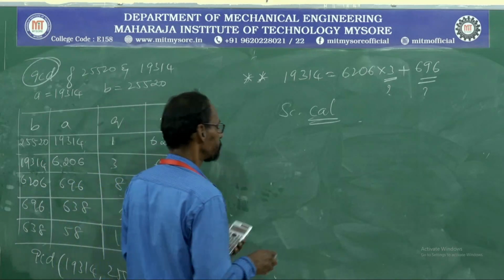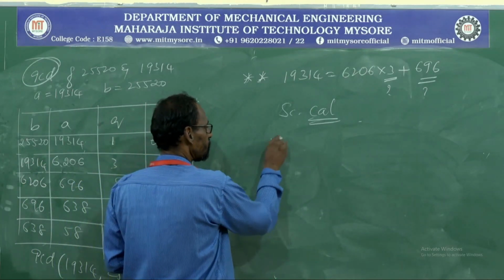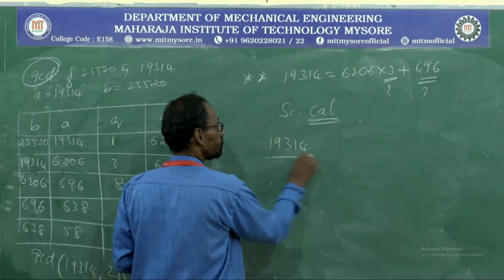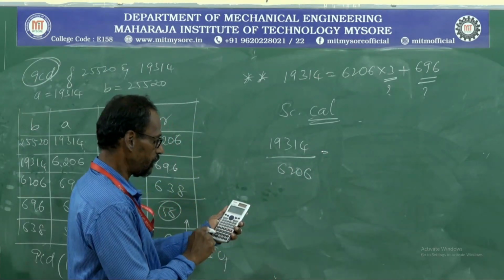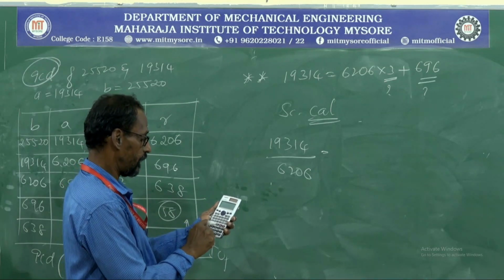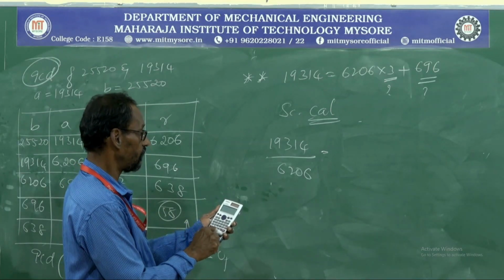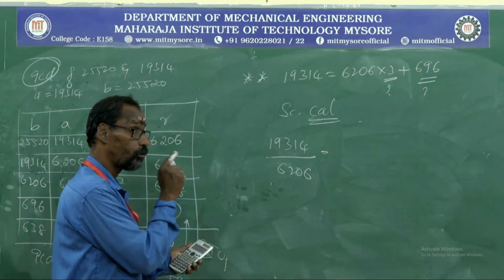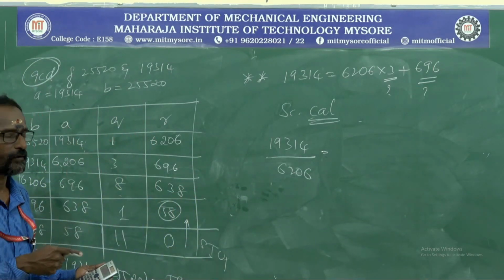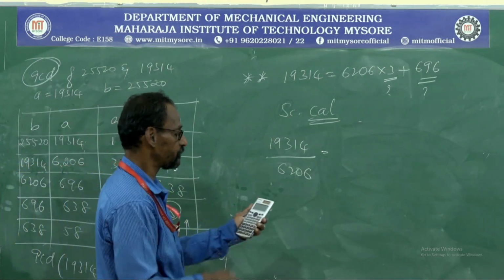See, what do you do? You consider 19314 divided by 6206. Many don't know. They do it in a classical way, but this is a much better approach.